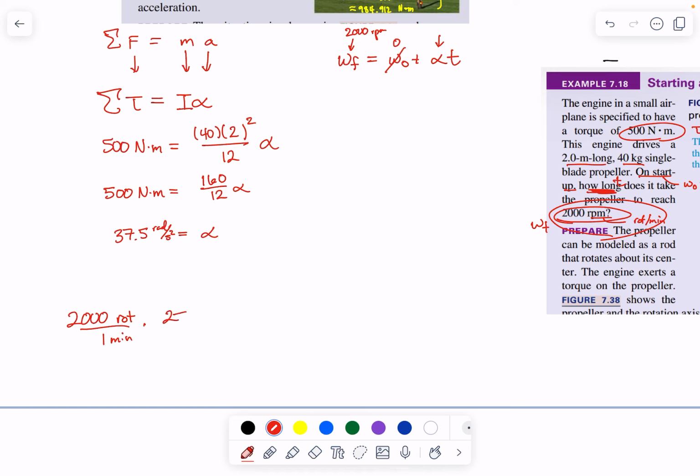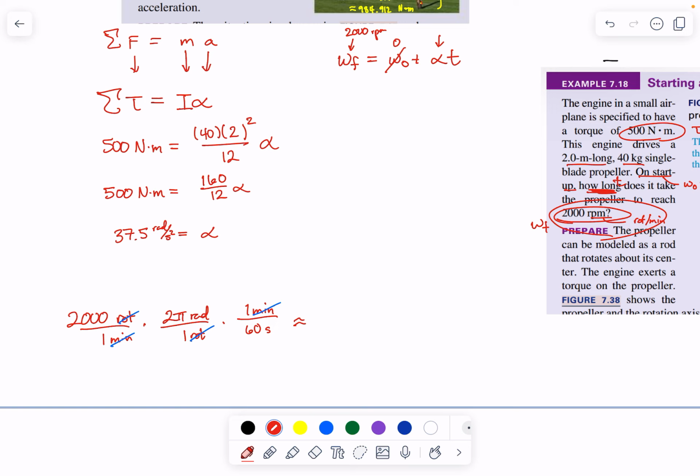We know that there are 2 pi radians in 1 rotation, and in 1 minute there is 60 seconds, right? So the minutes cancel, rots cancel, and we will be left with radians per second. So 2,000 times 2 times pi divided by 60.